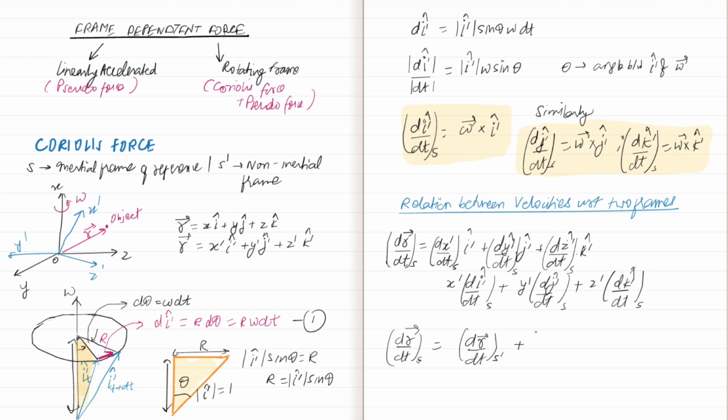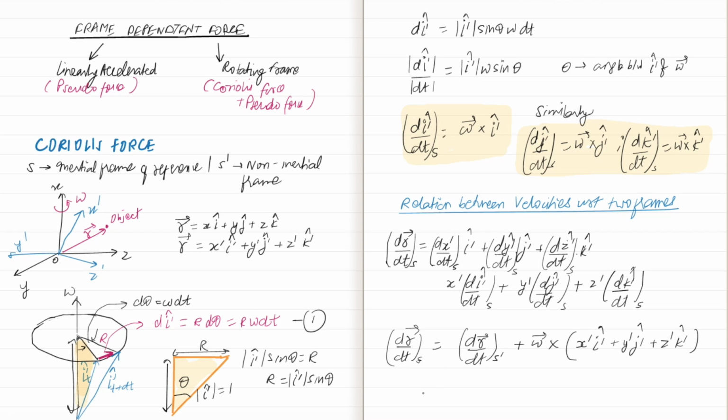So taking omega common, we can write omega vector cross, and we will be left with x dash i dash cap plus y dash j dash cap plus z dash k dash cap, and this is nothing but again r vector.